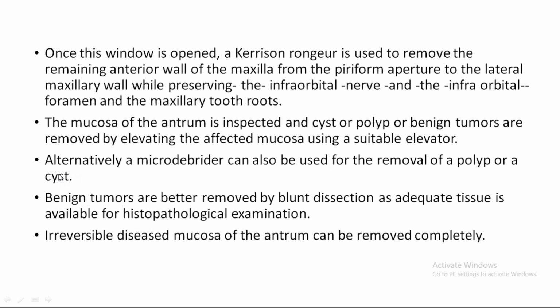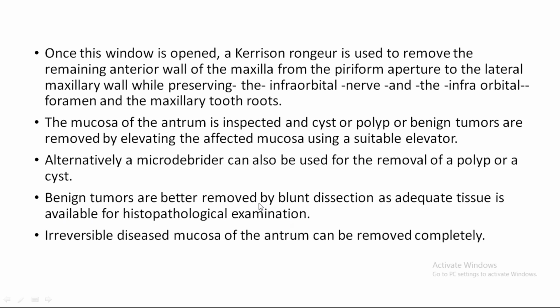Alternatively, a microdebrider can also be used for removal of a polyp or a cyst. Benign tumors are better removed by blunt dissection, as adequate tissue is available for histopathological examination.